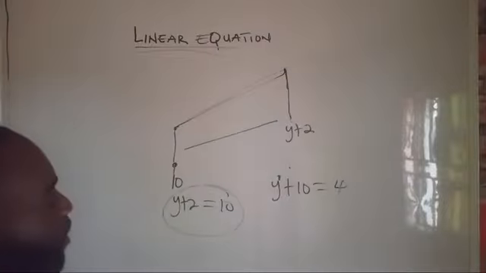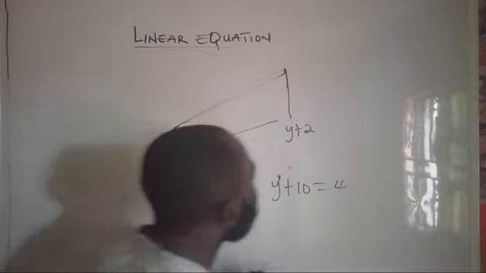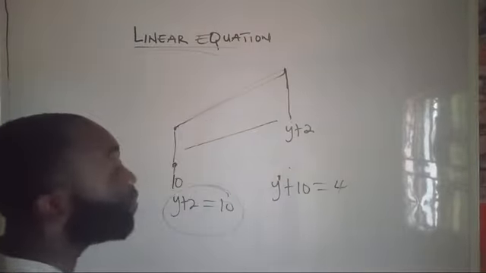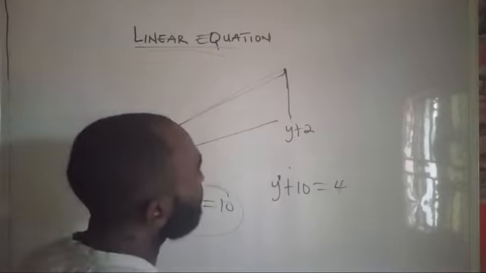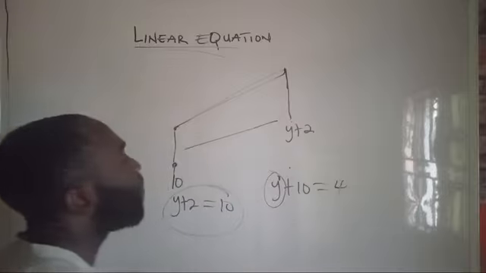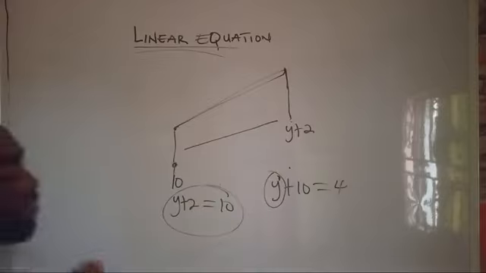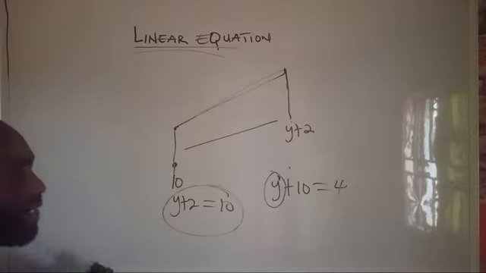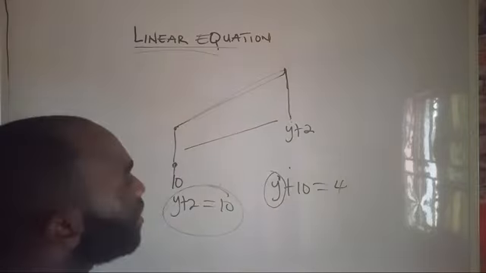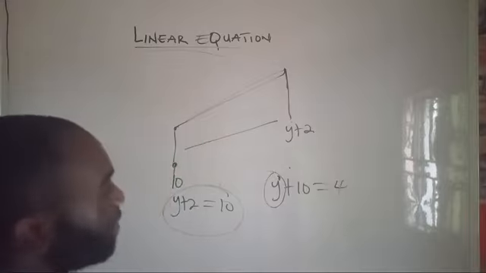The unknown in equation is the letter, the alphabet that is together with the number. It's called the unknown because it is what we don't know in that equation. So the power of that letter must be 1 in linear equation. That is the basic thing you need to keep at the back of your mind. In linear equation, the power of unknown must be 1.